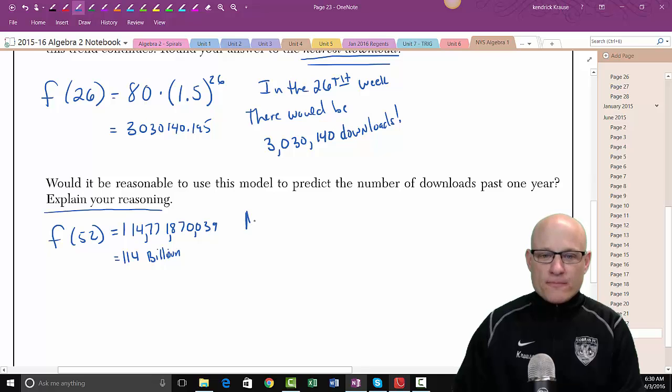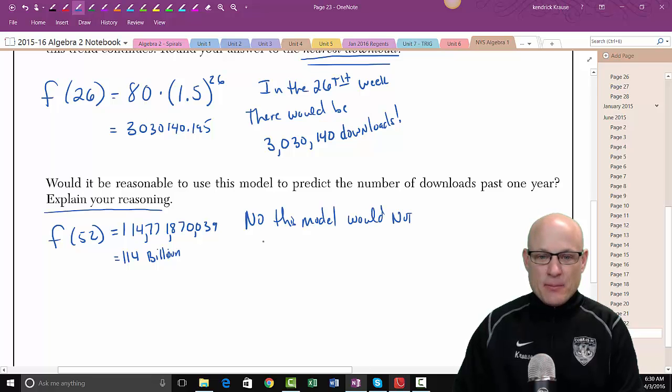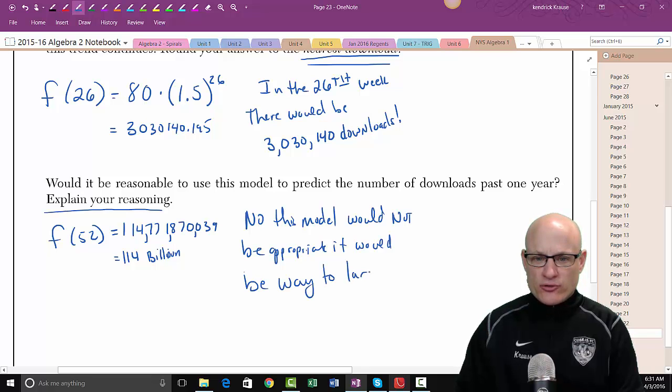So, no, this model would not be appropriate. It would be way too large of a number at the 52nd week.